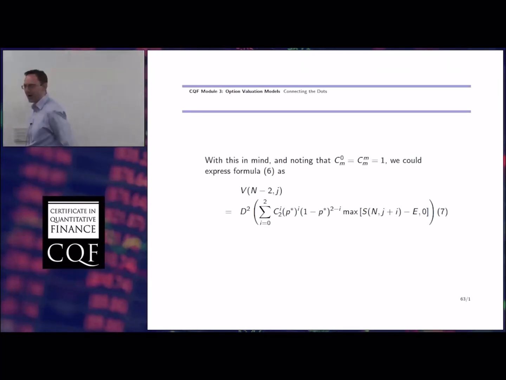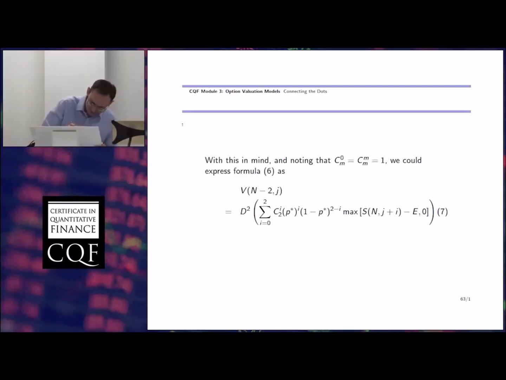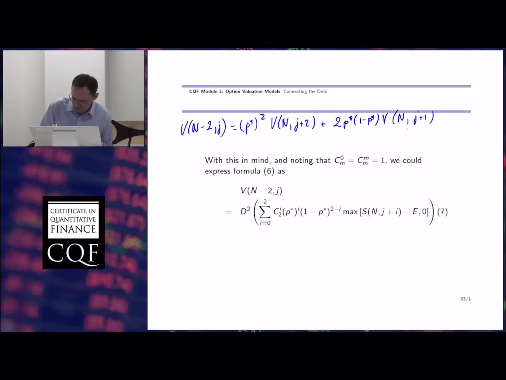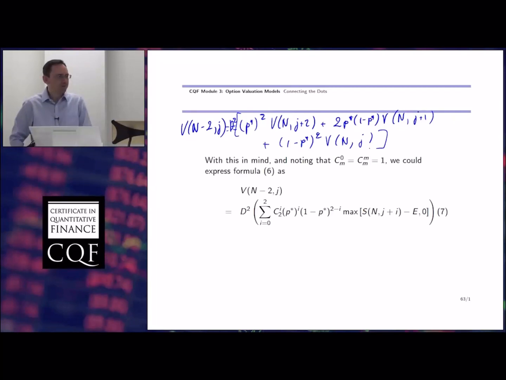And so our formula, Vn minus 2j is equal to p star squared Vn j plus 2 plus 2 p star 1 minus p star Vn j plus 1 plus 1 minus p star squared Vn j, can be written much more compactly as, oh, I forgot the d squared. I forgot my discounting. I forgot the interest rate.